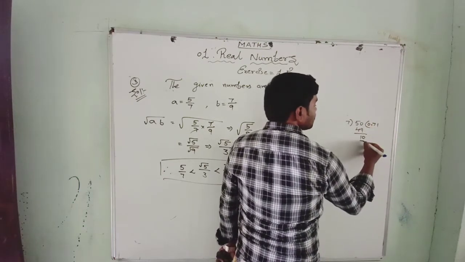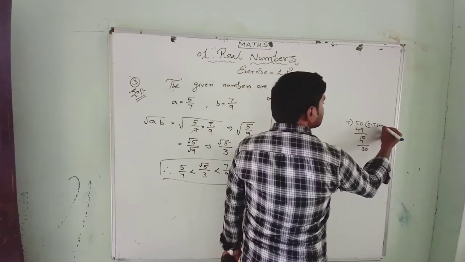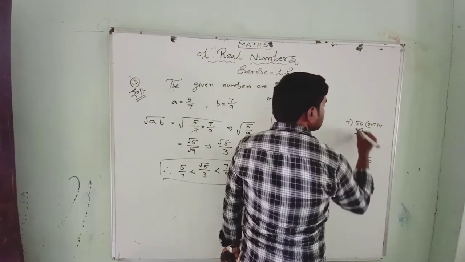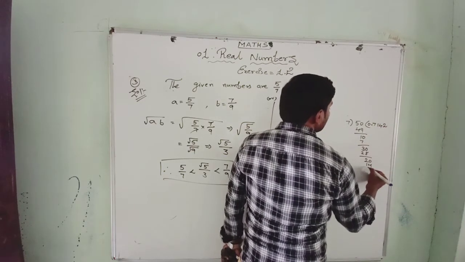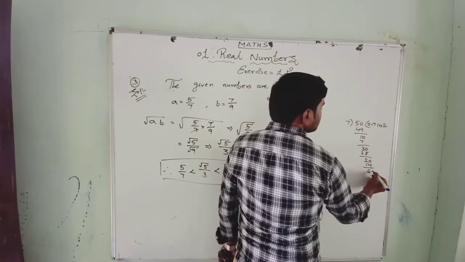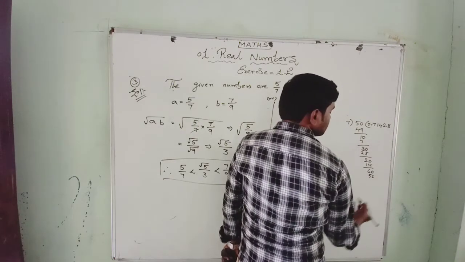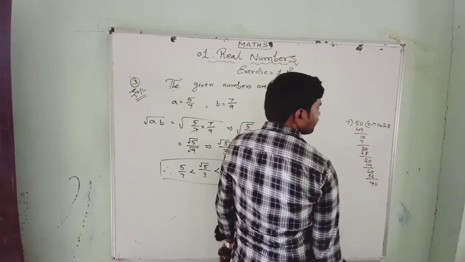7 1s are 7, we get 3, nothing but 30. 7 4s are 28, we get 2, nothing but a 20. Now 7 2s are 14, we get 6. Yes. Now again a 60. 7 8s are 56, we get 4, nothing but a 40.